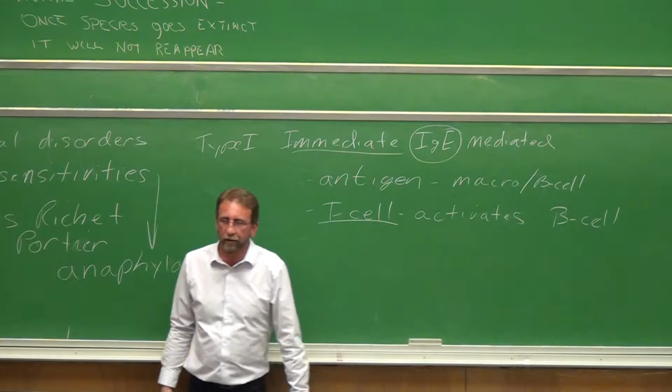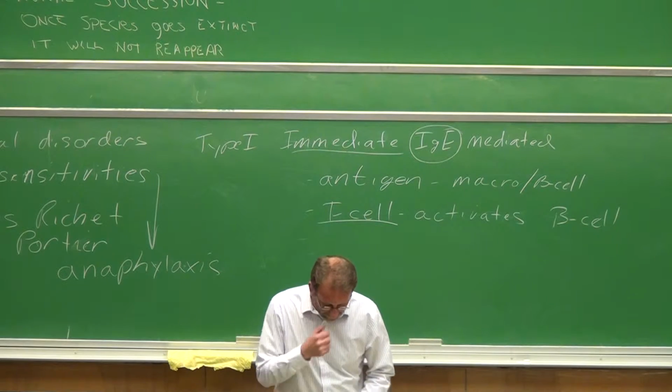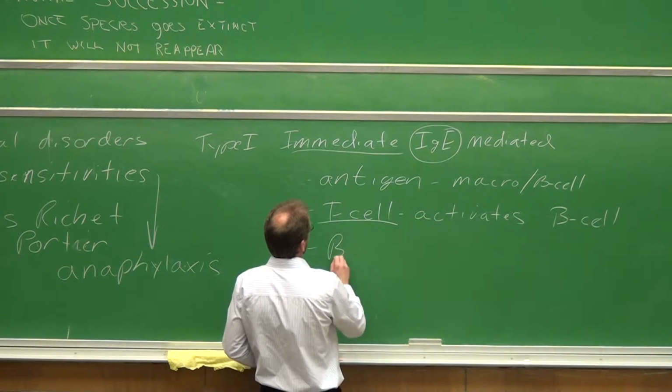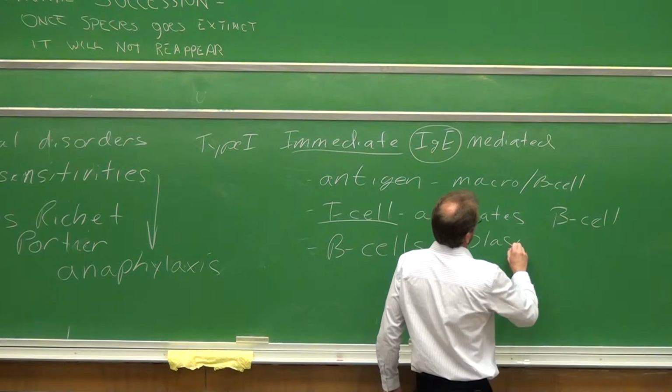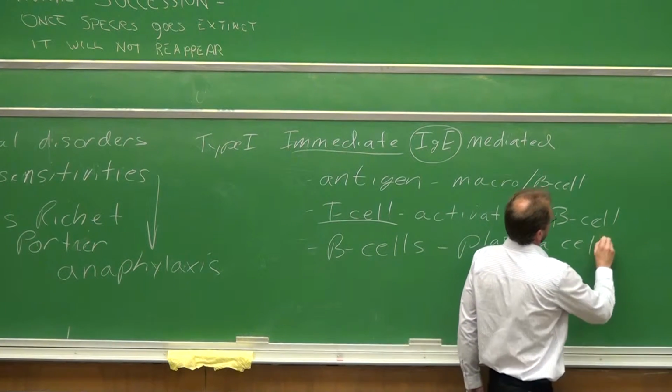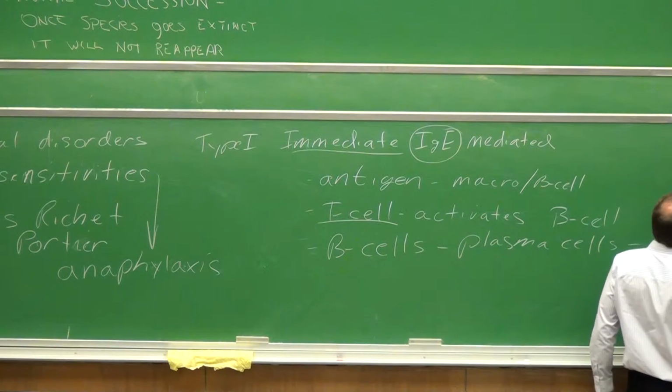B cell. Okay, so now the T cell has activated the B cell, and the B cell is going to start to produce plasma cells. And those plasma cells then produce antibodies.